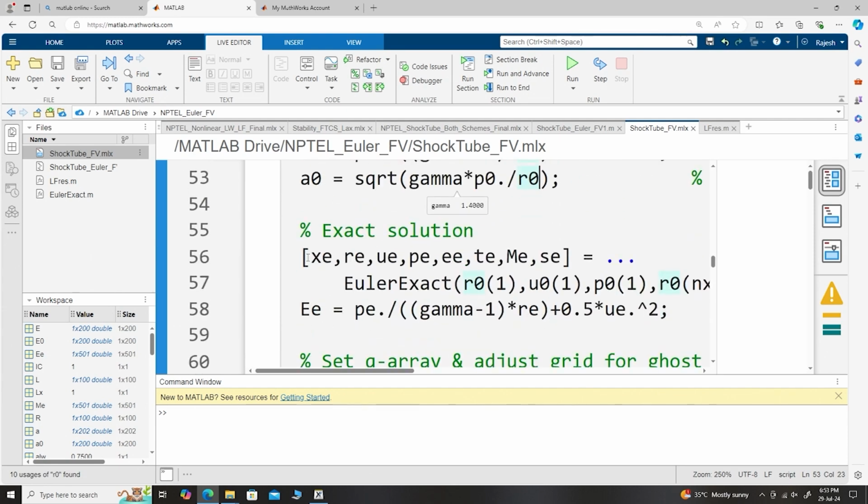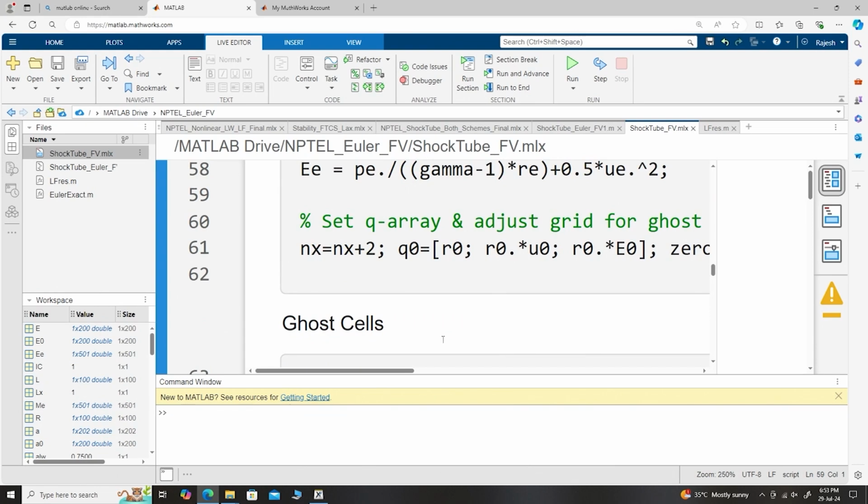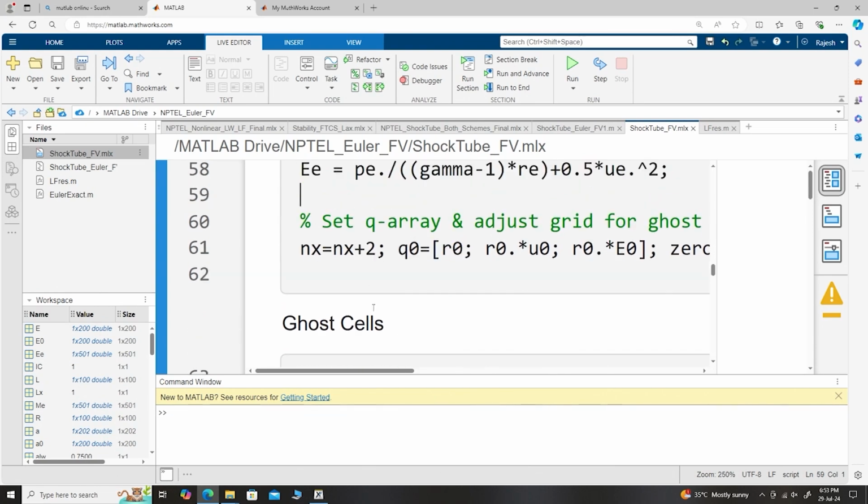And this is the exact solution which I have already shown earlier also. Now basically what we need to do, we need to put the ghost cells here. We are putting a ghost cell on left and right both. So, nx becomes nx plus 2, right. So, we have increased the array size by 2.